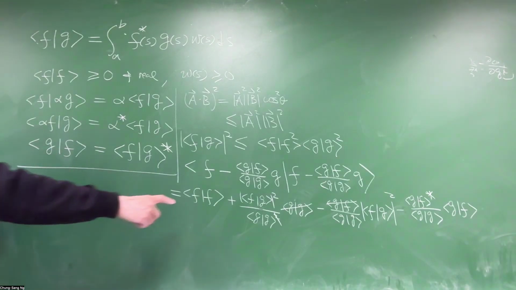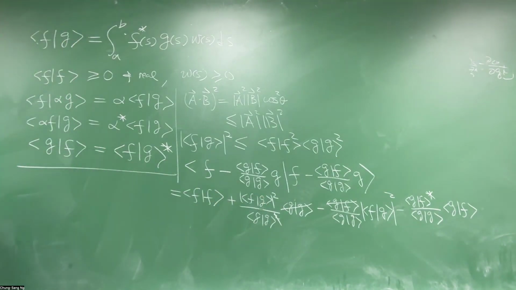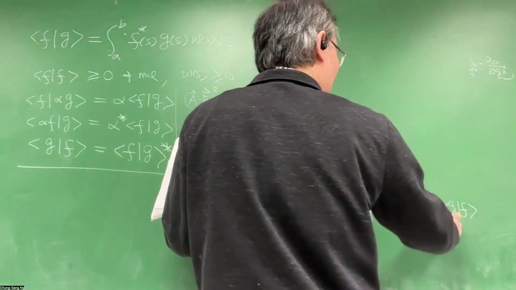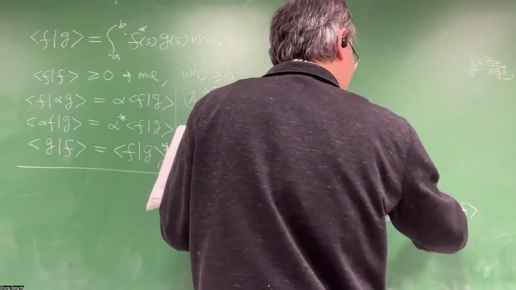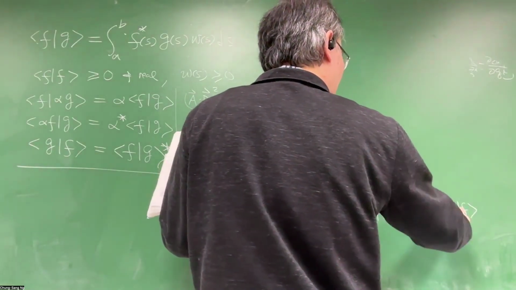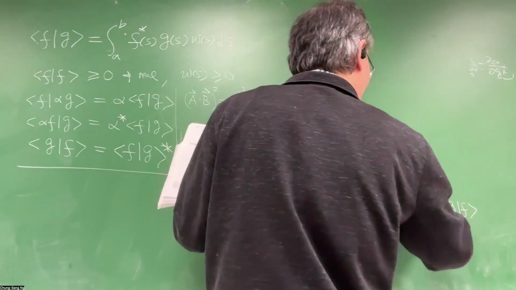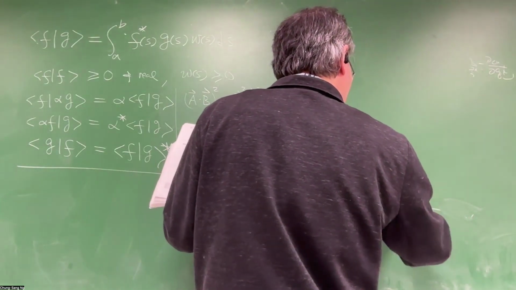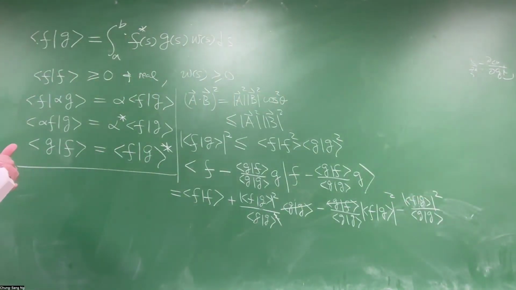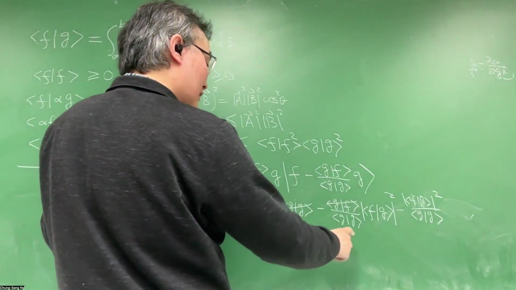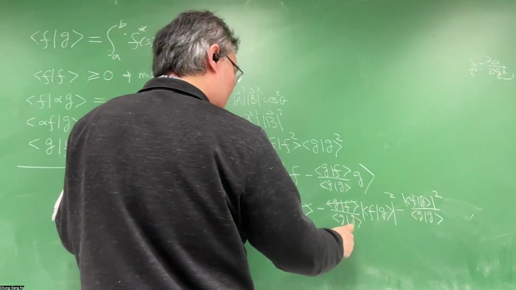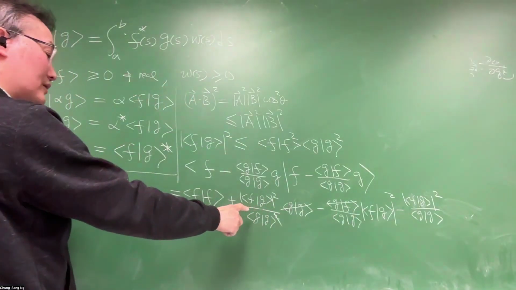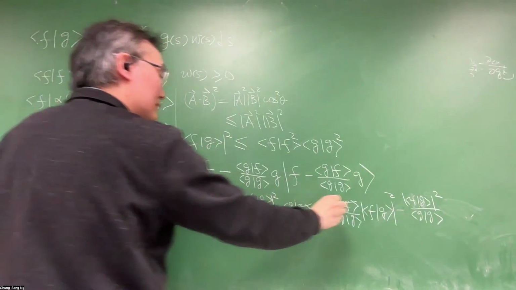Because of this property, it doesn't matter which one is in which slot, you can interchange them. And likewise, this one, you can show that this is FG and this is the FG complex conjugate. So altogether it is also the magnitude of FG squared. So altogether these three terms are the same, and two of them are negative, one of them is positive. This is negative.